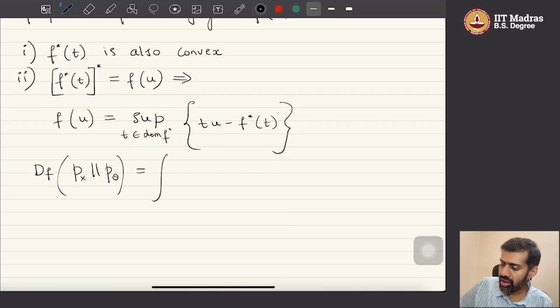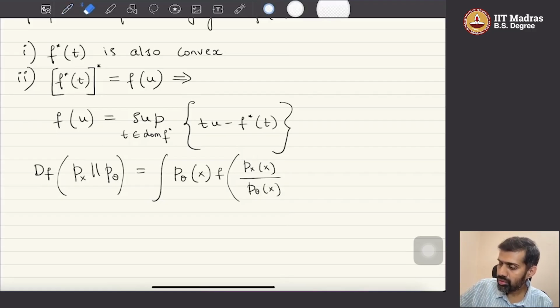We have the integral of p theta f of p x by p theta dx.